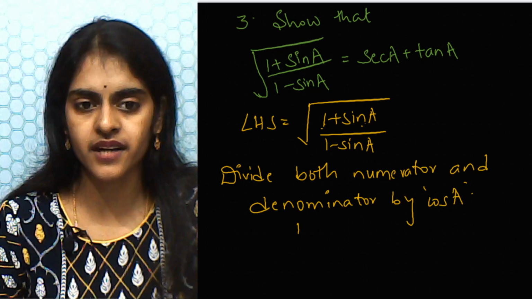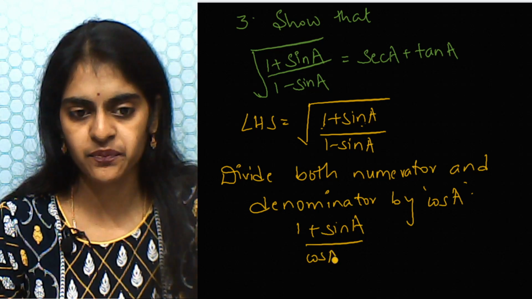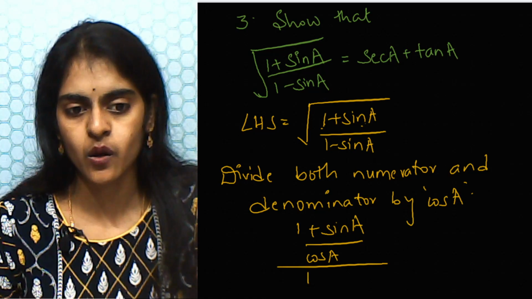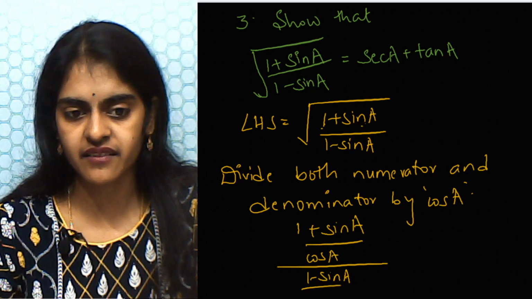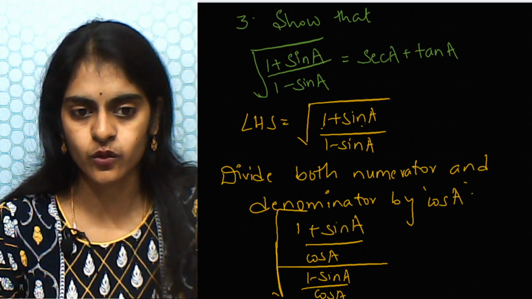This is nothing but 1 plus sin A divided by cos A whole divided by 1 minus sin A divided by cos A. This entire thing is in root.